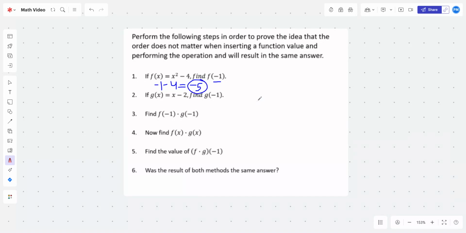Now, the next one says if g of x is equal to x minus 2, find g of negative 1. Same thing, negative 1 subtract 2 is negative 3, because I implement the negative 1 into x.